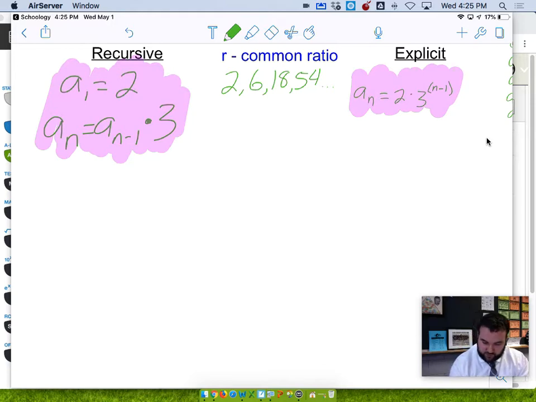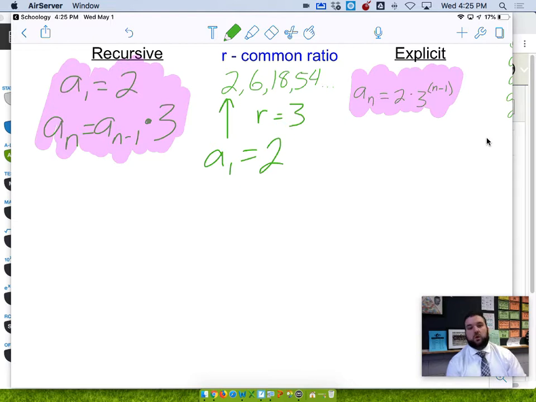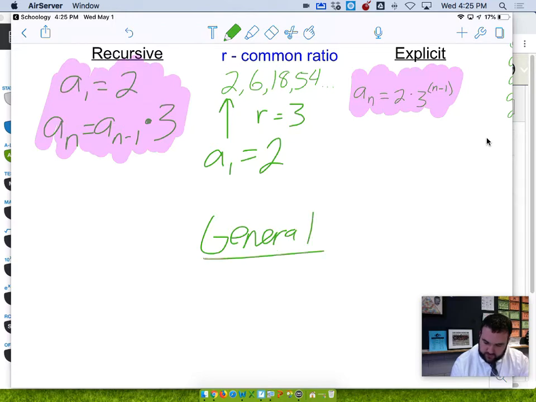But if you remember here, A1 was equal to 2, and the common ratio between terms was equal to 3. So all we're going to do is replace the 2 and the 3 with the variables that we have here. So in general, the general form of this is A1 is equal to, and then you fill in the blank.